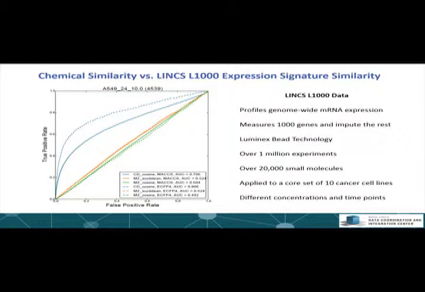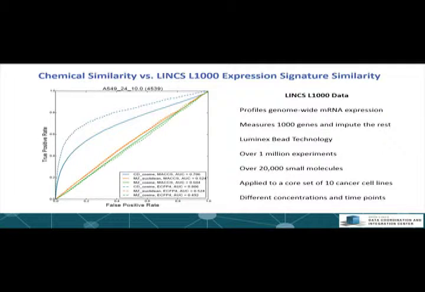So what we've done, we tried to ask a pretty ambitious question, and that was, can we find gene expression similarity for small molecules and compare that to structural similarity? And people already know that just because two small molecules are similar in structure, that does not mean that they're going to induce the same expression signatures.